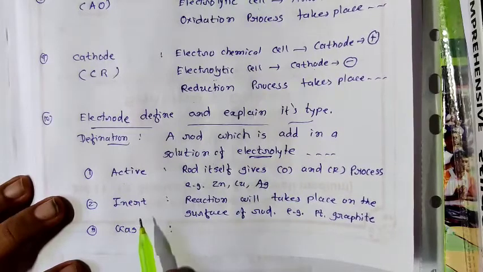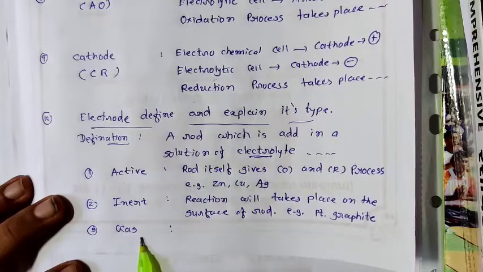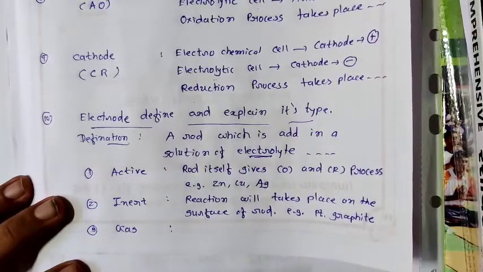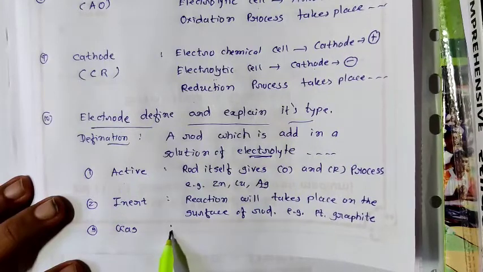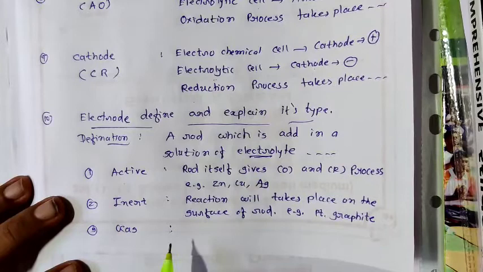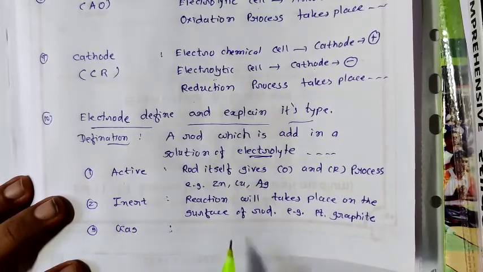Okay, this is the second important definition of electrode, and the third one is the gas electrode. Dear students, I will inform you of one important point: any strip cannot be made up of gas, but we will pass a gas on the rod.